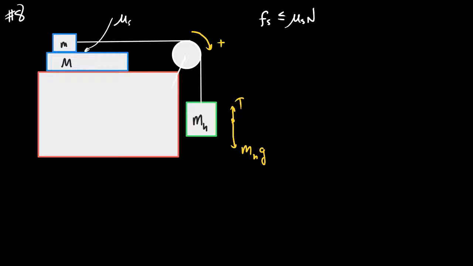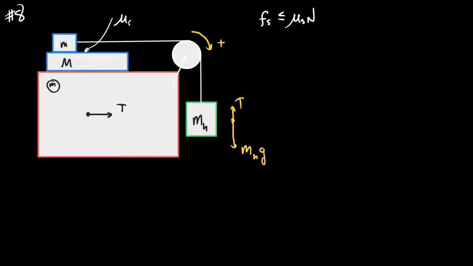The box on the top there. So let's look at its free body diagram. Actually, I'll make it easier. I'm going to need more space than that, so hear me out. I'm going to do little m stuff right here. So it's experiencing a force of tension in this direction.